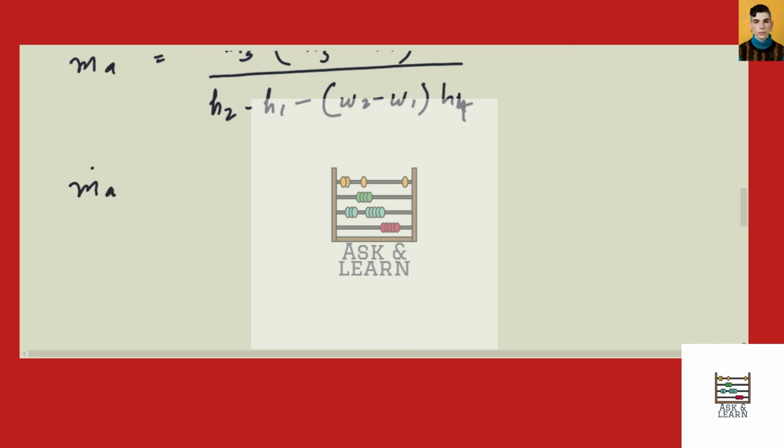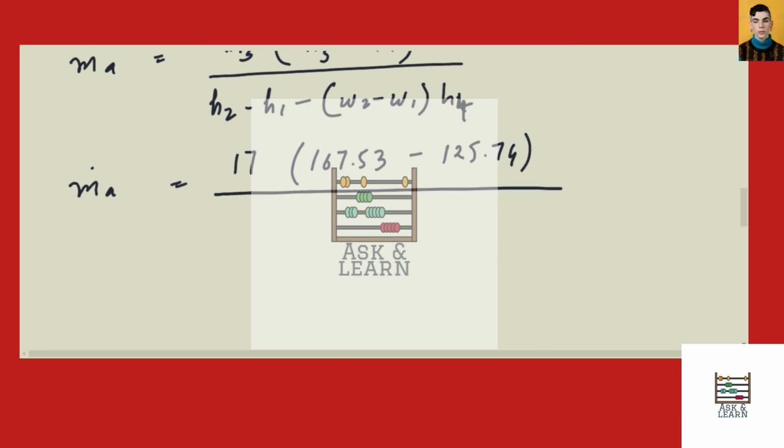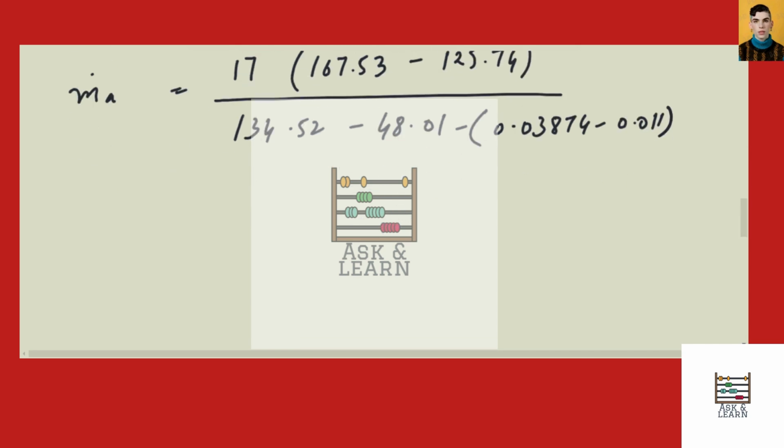So Ma is equal to 17 into 167.53 minus 125.74 divided by 134.52 minus 48.01 minus 0.03874 minus 0.011 multiplied by 125.74.